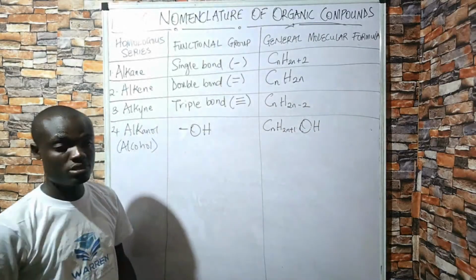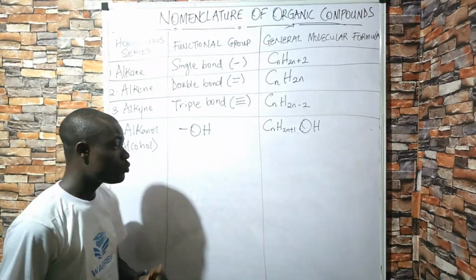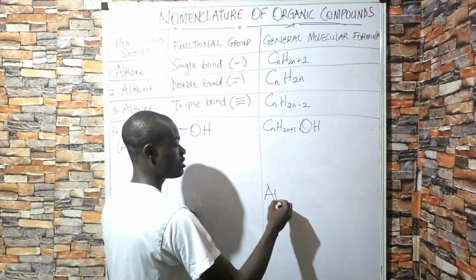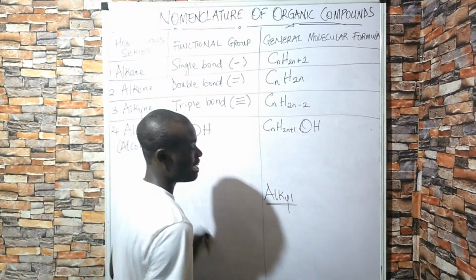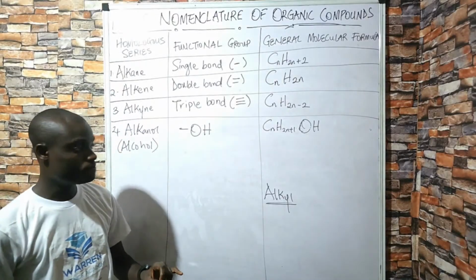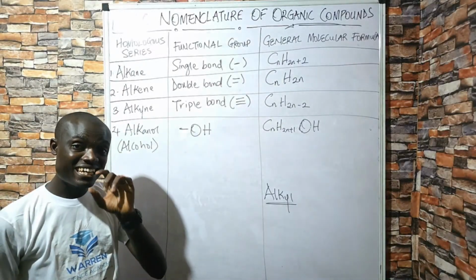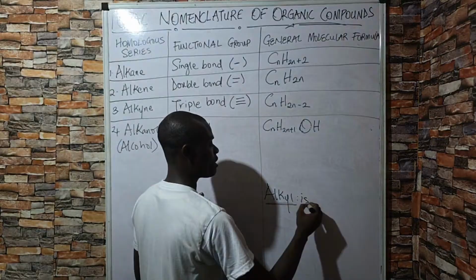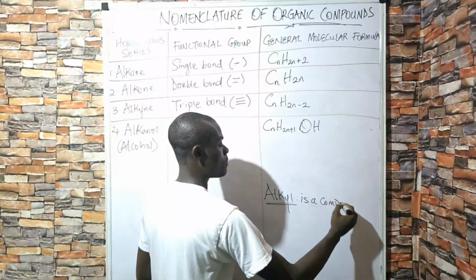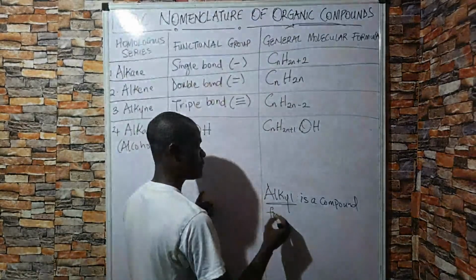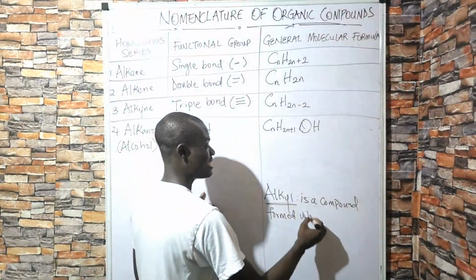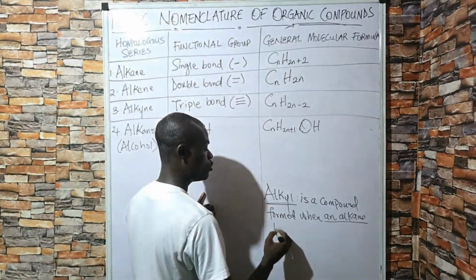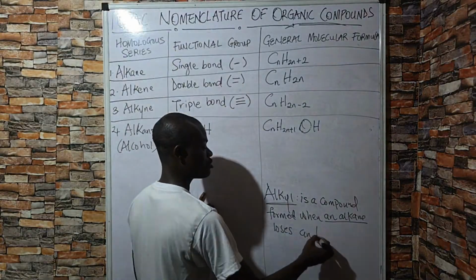Now I'm going to tell you something very important, which I will talk about on this part of the board. We call it an alkyl. So what's an alkyl? An alkyl is simply a compound formed when an alkane loses a hydrogen atom.